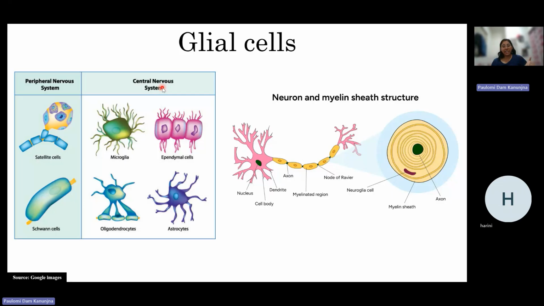A key to remember this: oligo generally means multiples together, like oligonucleotides, oligodendrocytes. Oligos are multiple, and so you myelinate multiple axons.